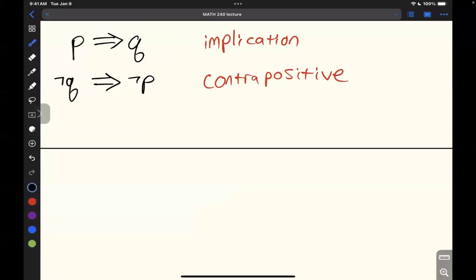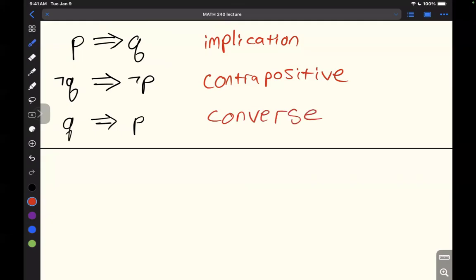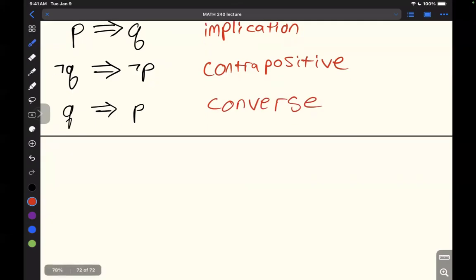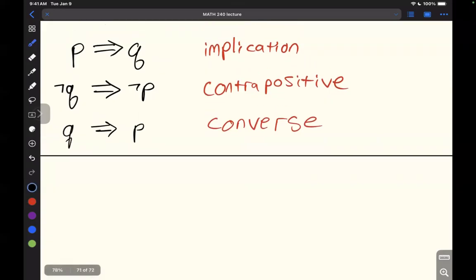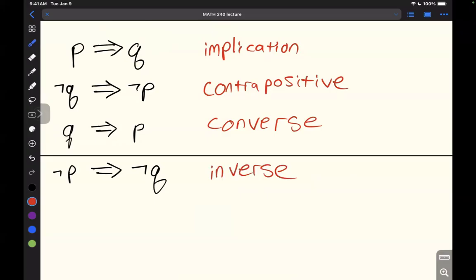If we have P implies Q, and then we just swap them, where we have Q implies P, this is the converse. And then there's one more, which is we've got P implies Q, and if we negate P and negate Q, this is what we call the inverse.